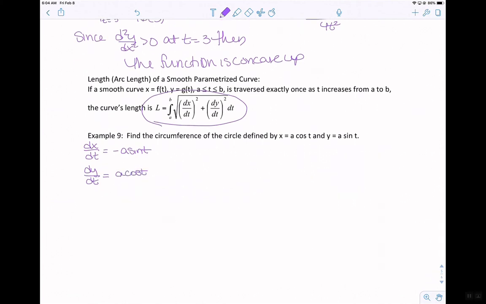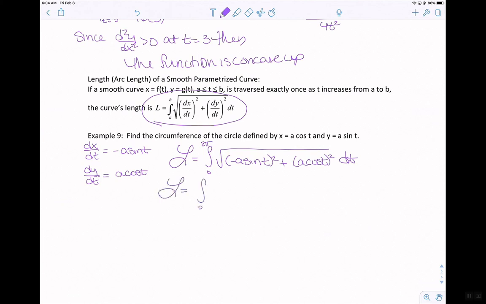So now my arc length, and I'm going all the way around the circle, so that's what? 0 to 360 degrees, or 0 to 2 pi. We are going to only use radians. Square root of negative a sine of t squared plus a cosine of t, the quantity squared, dt.